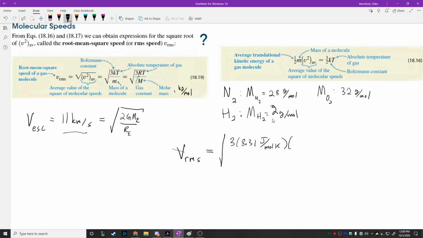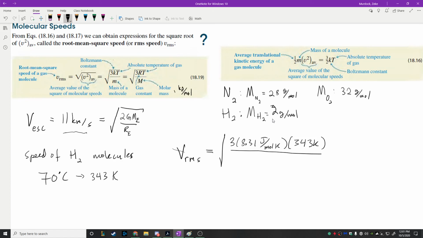Let's look at the speed of H2 molecules at about the temperature of the surface of the Earth, so about 70 degrees Celsius, which is what? 343 Kelvin? Is that right? That's right. So let's use the speed of H2 molecules at this temperature. So we multiply by 343.